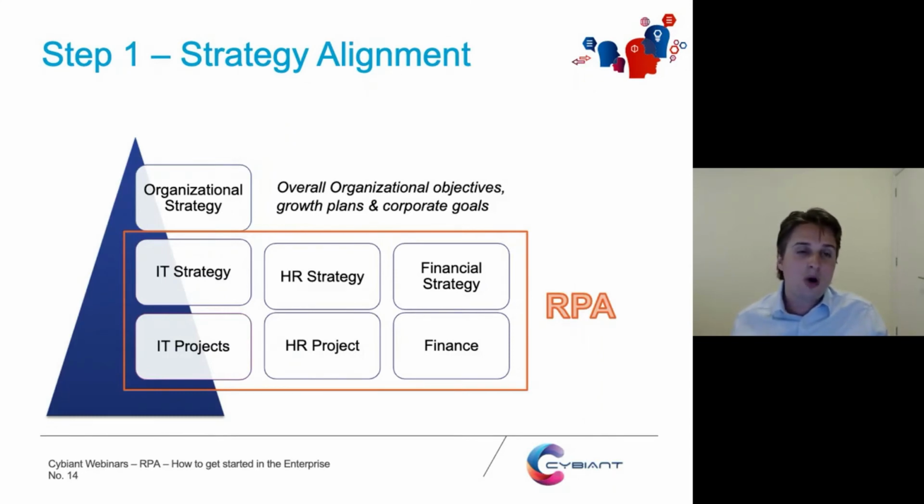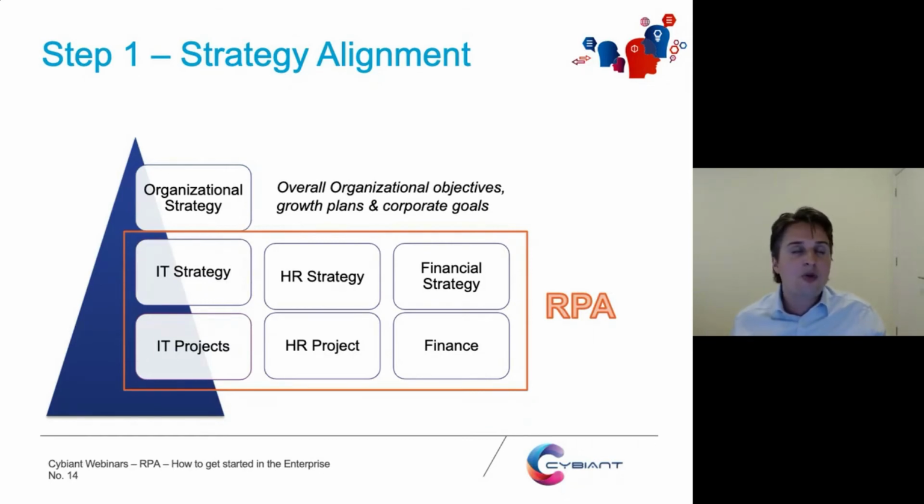The first and most crucial step on any RPA journey is to start with strategy alignment. What do we mean with that? Every organization, whether you're producing insurance papers or manufacturing sneakers, has a particular strategy. And that strategy outlines the overall organizational objectives, growth plans, as well as the corporate goals.